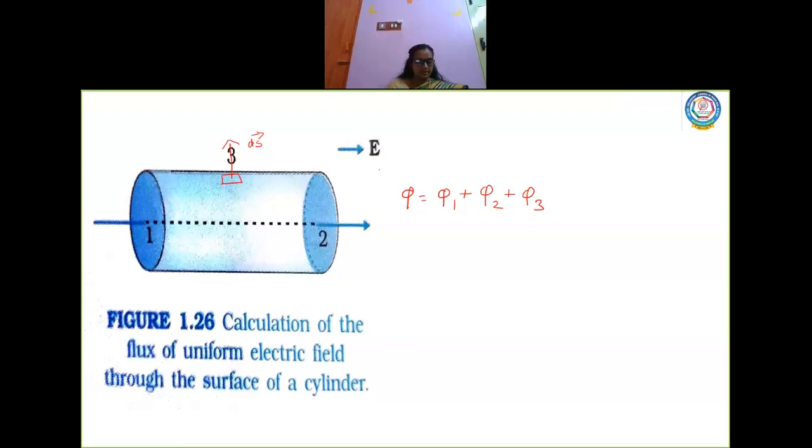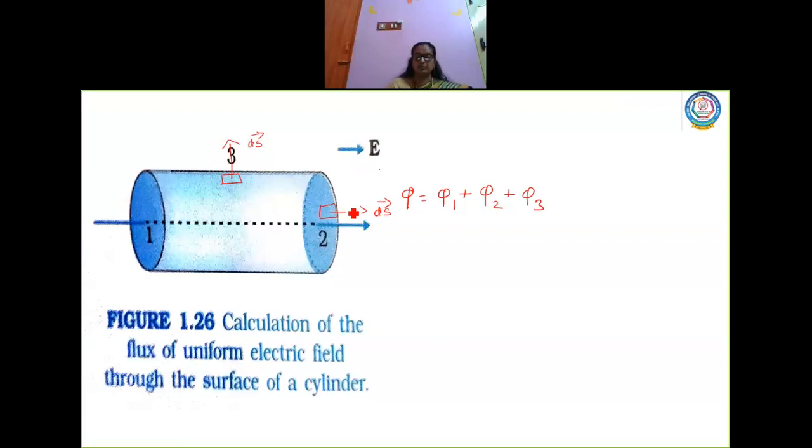Now let us come to this first and second part. Now in this first and second part, here I am going to consider a small area. If I consider a small area here, the area vector will be along this direction and E vector is in the same direction. Here theta will be 0.